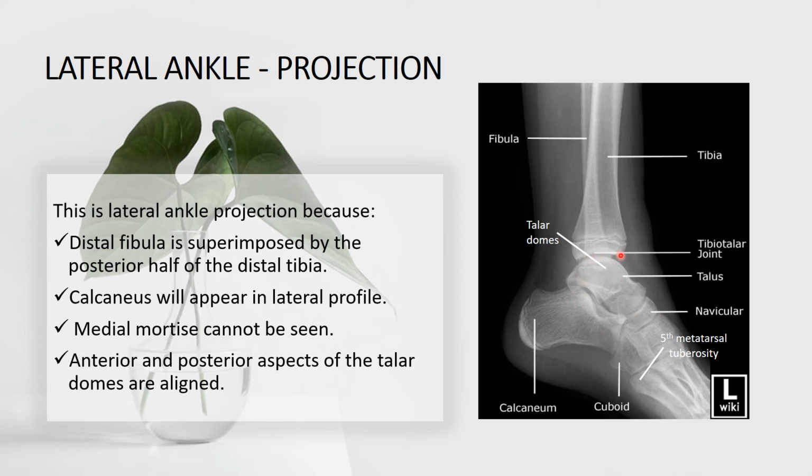The medial mortise cannot be seen because we can only see the tibiotalar joint here. The anterior and posterior aspects of the talar dome are aligned, this is anterior, and this is posterior.